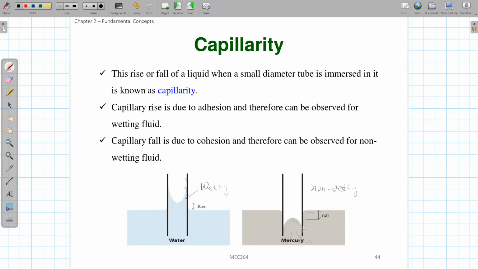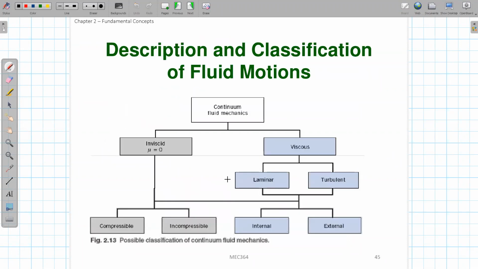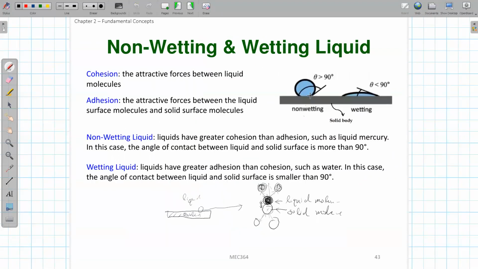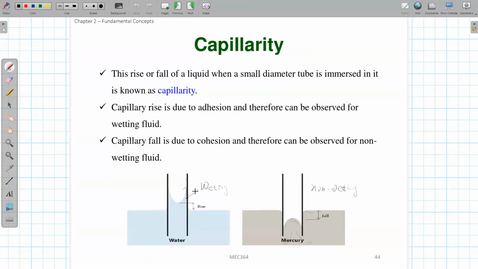Now you can also think about this from the angle. If you draw an angle, so this is non-wetting, so theta will be larger than 90 degrees. If you draw this tangential direction and this line here, this theta will be larger than 90 degrees.